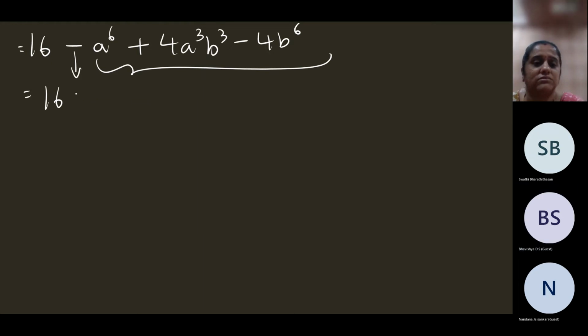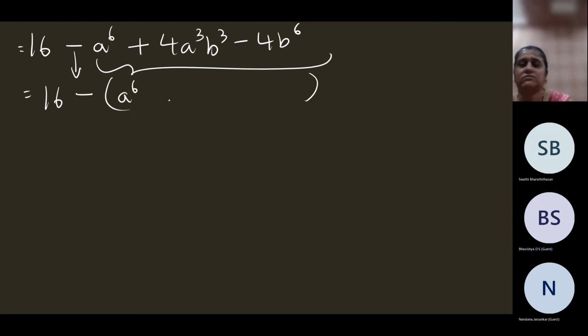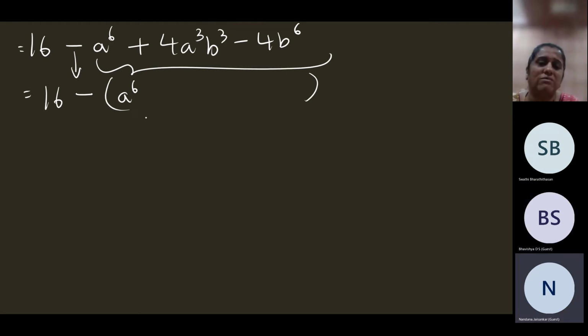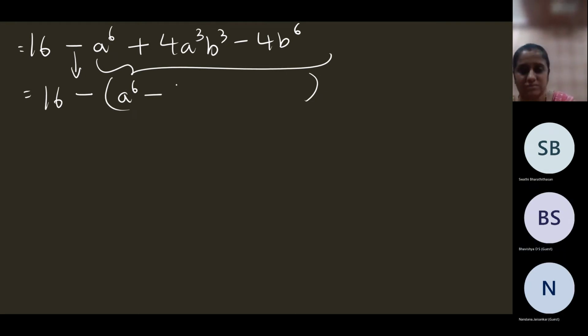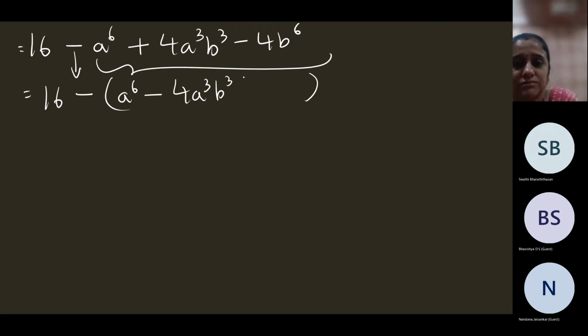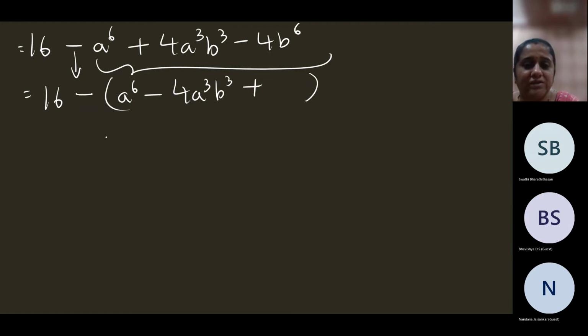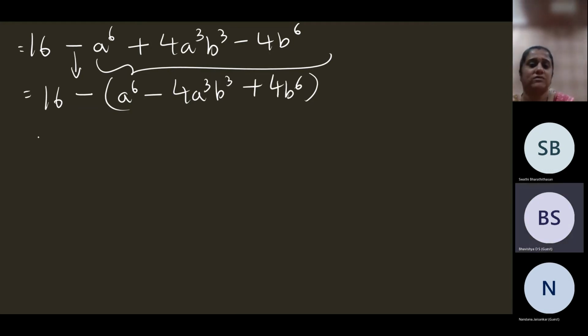Minus, in the bracket we should write a power 6 plus 4 a cube b cube, no, minus. Minus is plus. Minus 4 a cube b cube, ma'am. And plus 4b to the power 6, because minus into plus is minus.